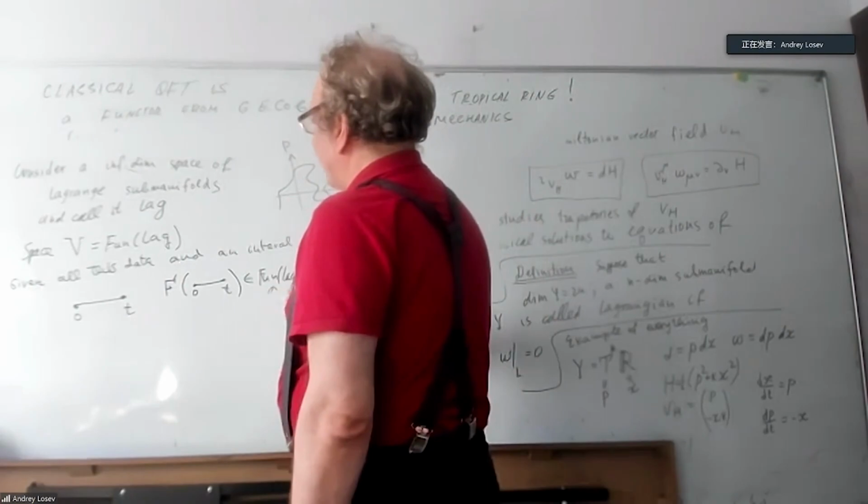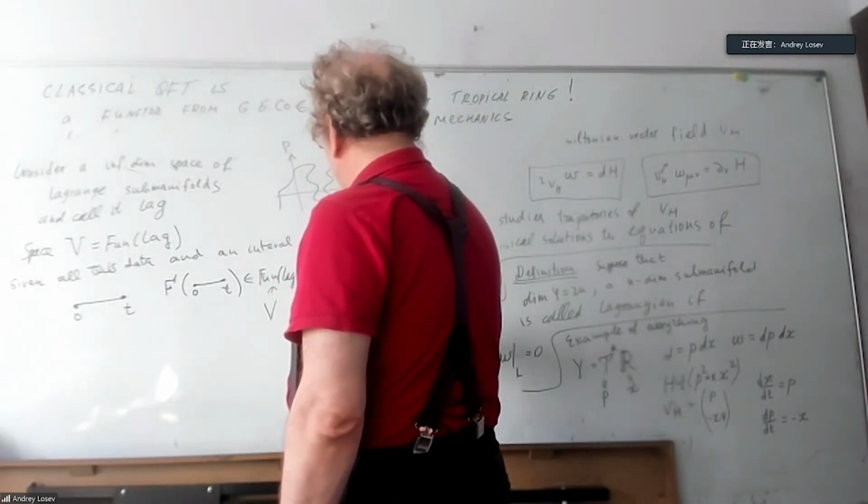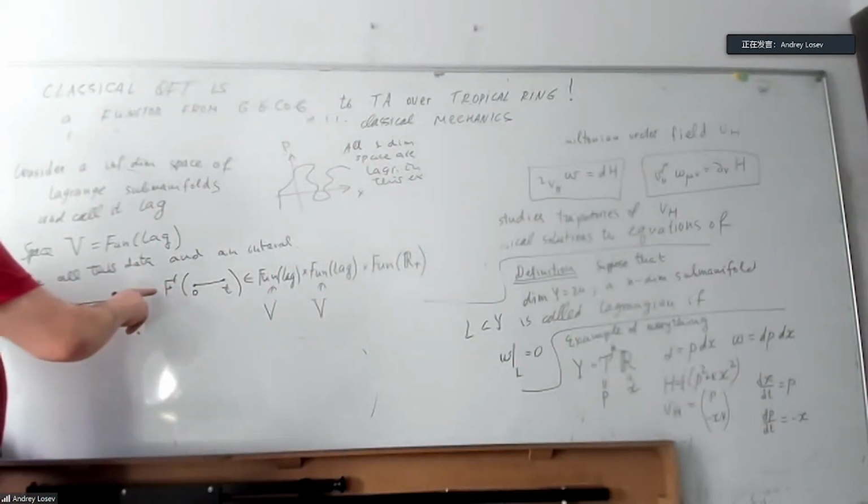So this would be V, and this would also be V. I just need to explain how I am constructing this value.